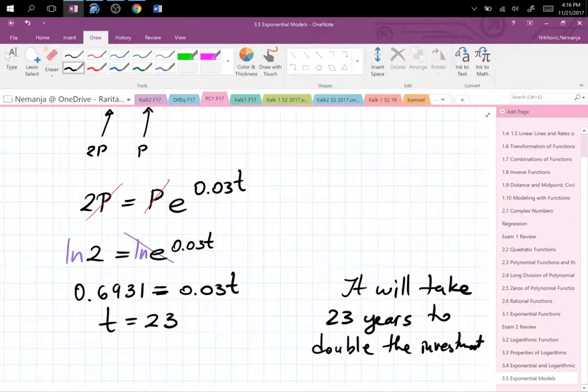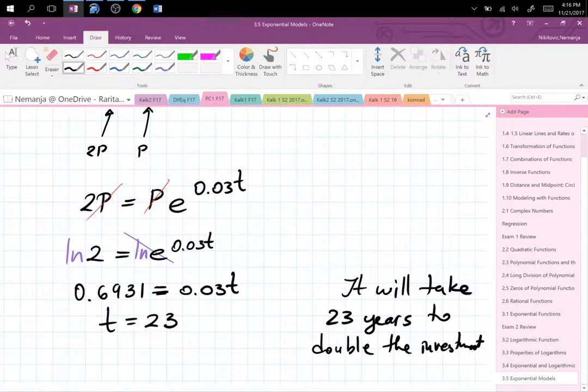So if one person puts in $1, in 23 years that person will have $2. And another person puts in $1 million in the same amount of time, that person will have $2 million. So it matters what you put in, not just how long you get to wait.